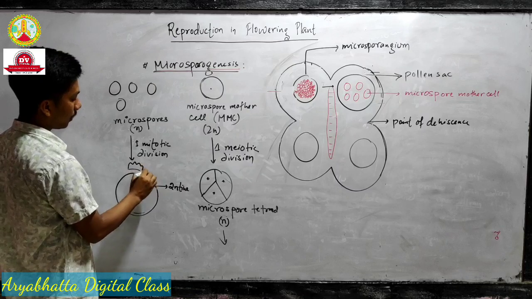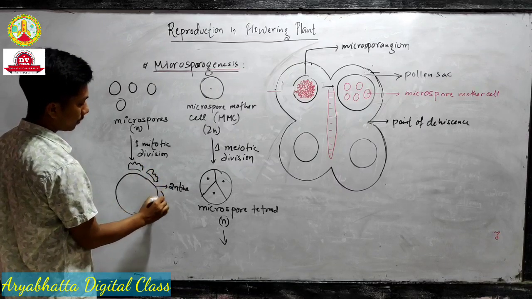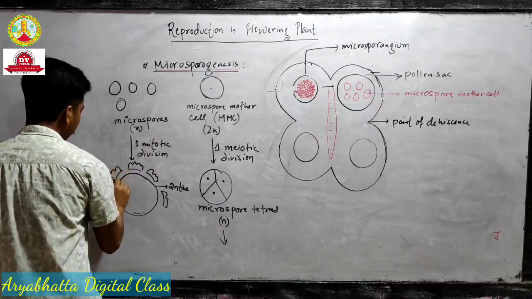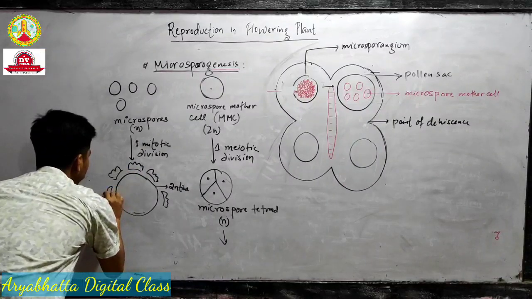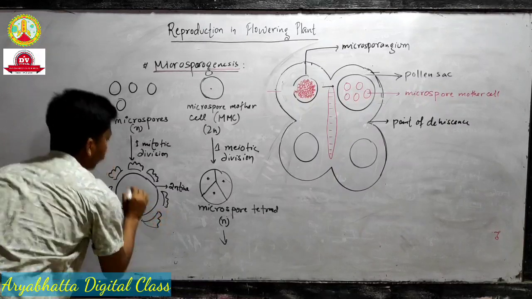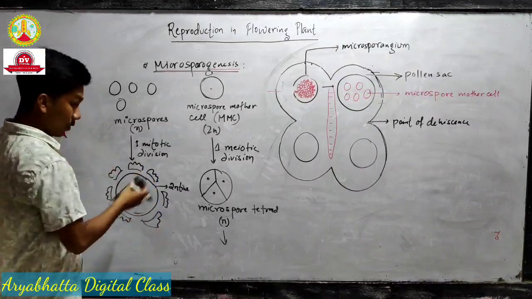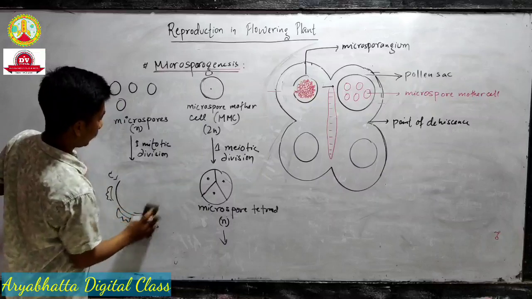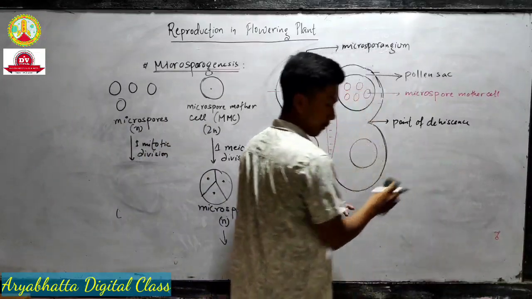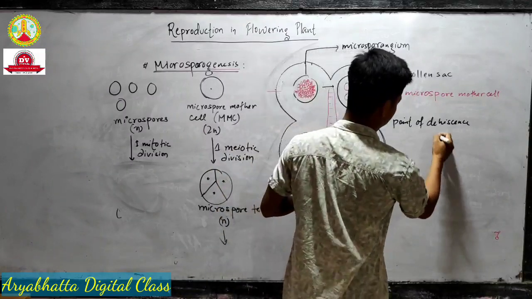The outer layer is hard and very resistant. Let me show you. Okay, let me draw that side. You continue, keep on continuing your notes. Let me show the structure of a pollen grain.